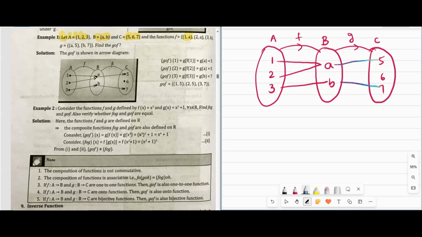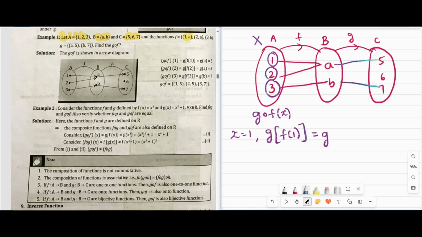Now find gof of x. So what are the values we have in x? These are the elements of x: 1, 2, and 3. So we'll find for 1, 2, and 3. If x equals 1, it will be g of f of 1.